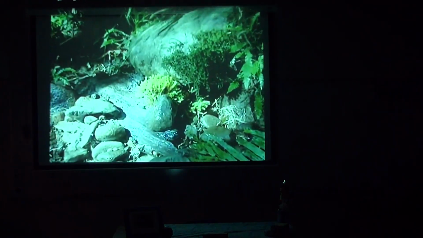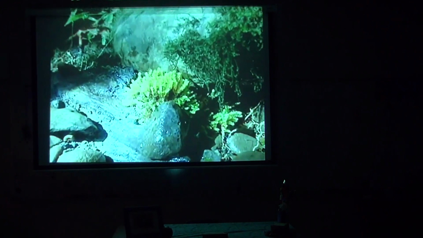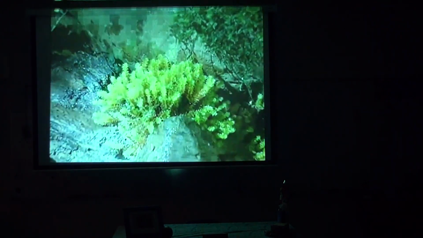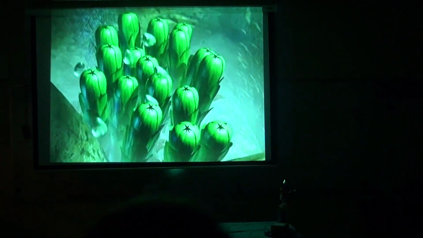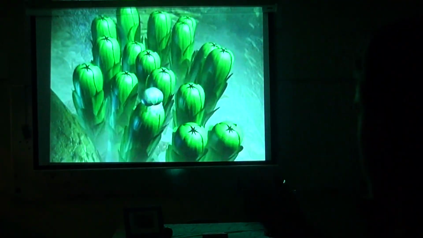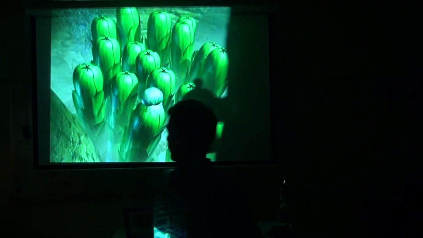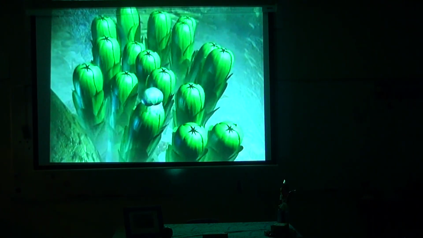Moss gametophytes are haploid, containing only one set of chromosomes. Most gametophytes are haploid. One set of chromosomes, like a sperm and an egg, right?